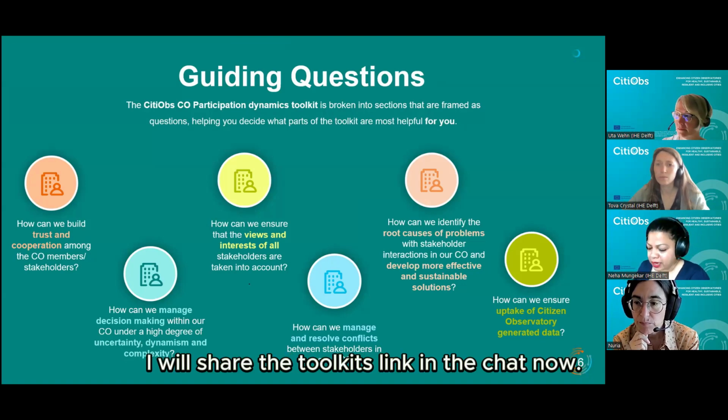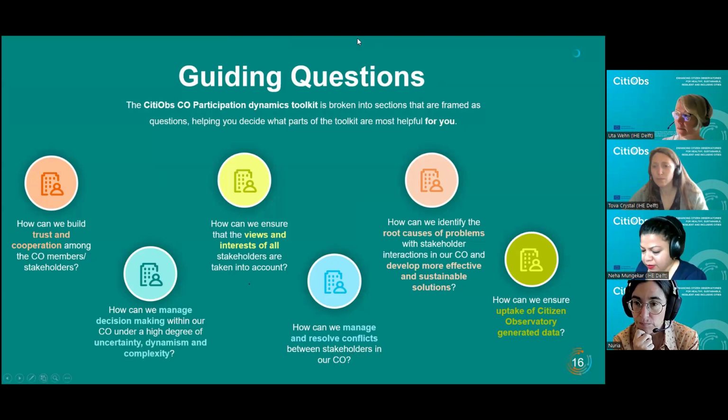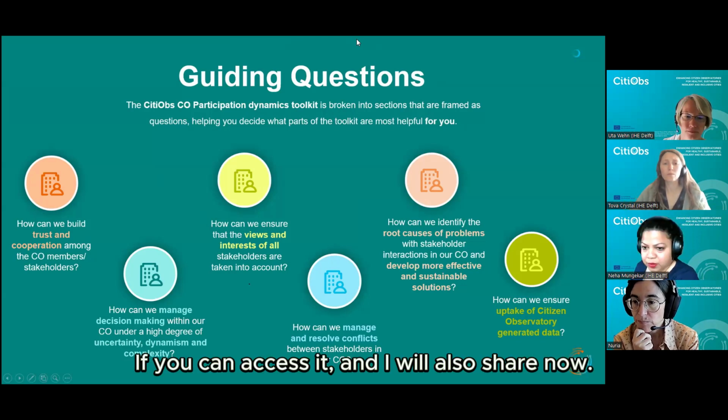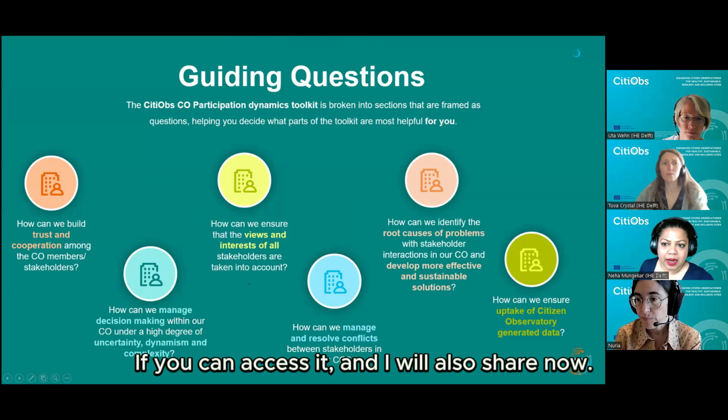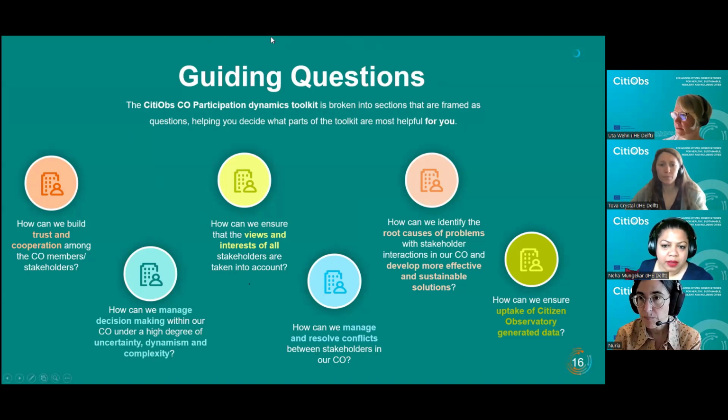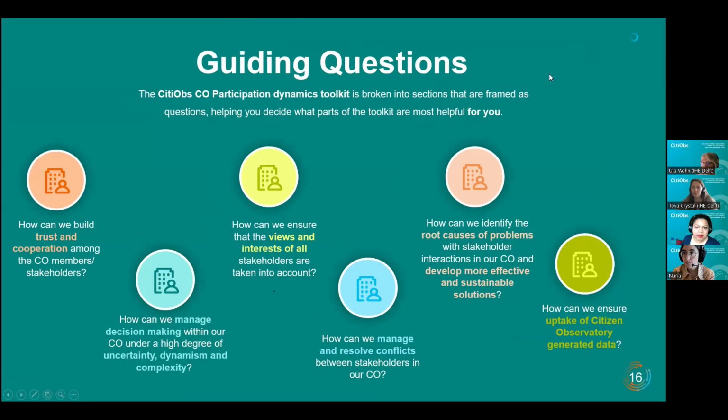I will share the toolkit's link in the chat now, so all of us can know if you can access it. And I will also share now. Yes.